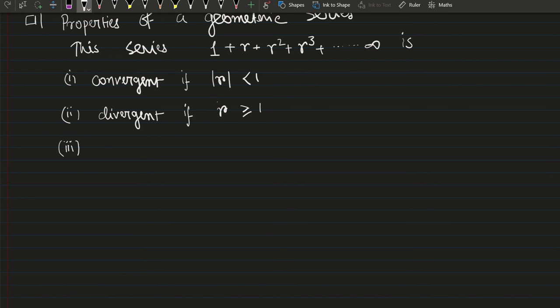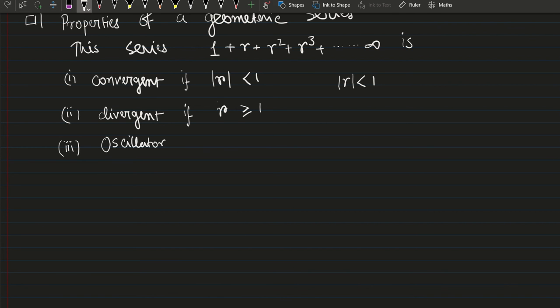Here we have to notice that it is modulus of r. What is meant by modulus of r less than 1? We will see later.